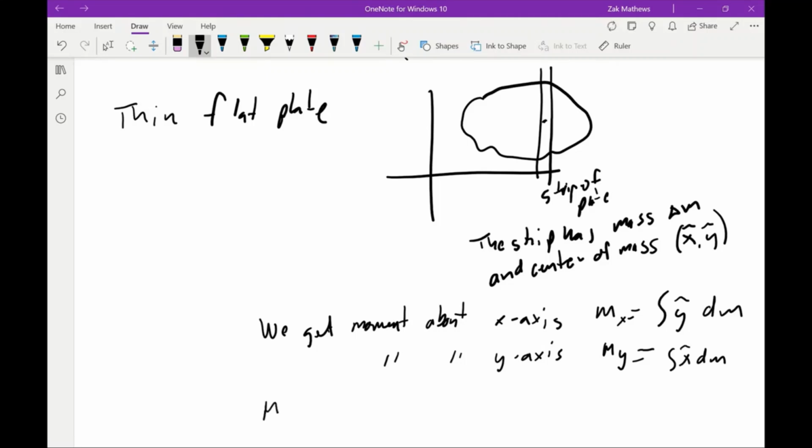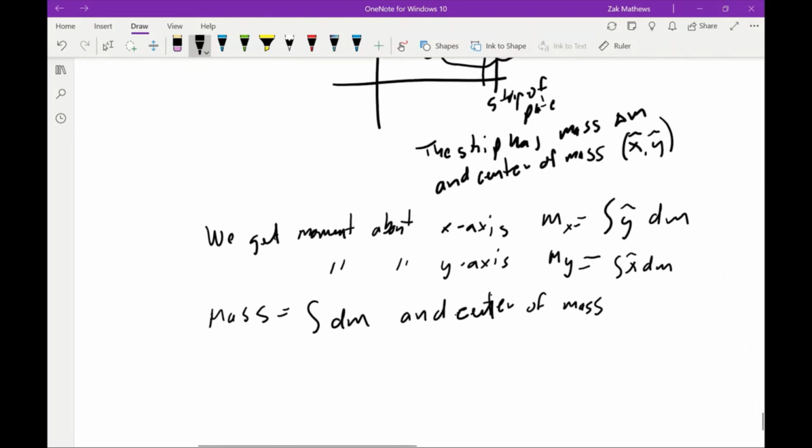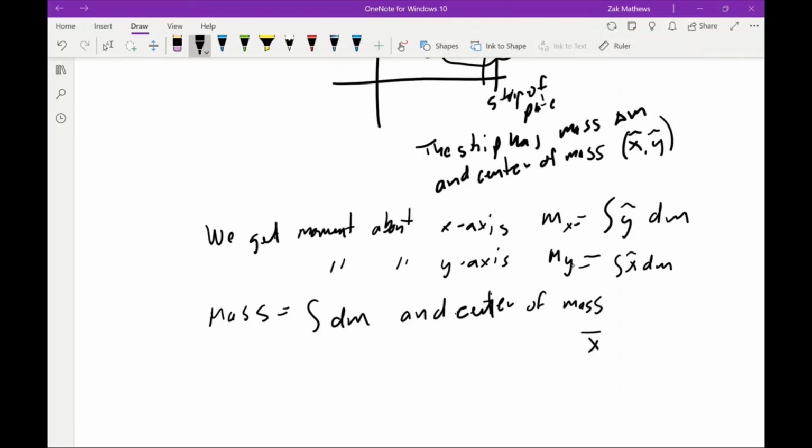So then the mass is equal to integral dm, and the center of mass x bar, y bar equal to the moment of the y over m and the moment of the x over m.